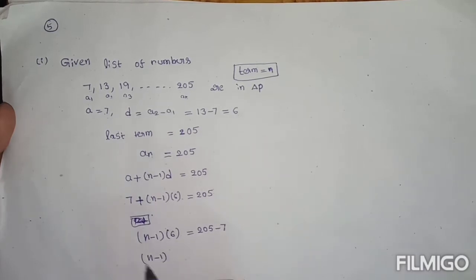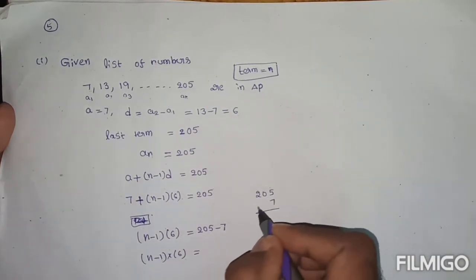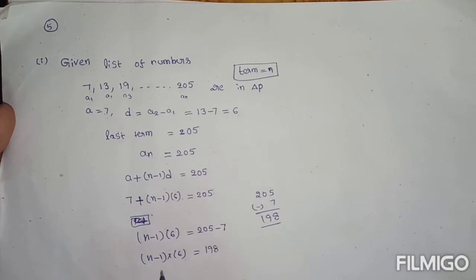Subtracting 7 from 205 gives 198. So n minus 1 into 6 is equal to 198. The 6 is transposed to the right side as division: n minus 1 equals 198 divided by 6. 6 times 3 is 18, so n minus 1 equals 33. So n equals 33 plus 1. How much? n equals 34.